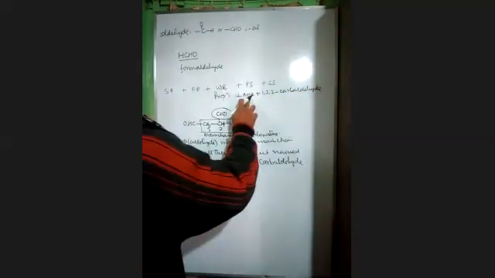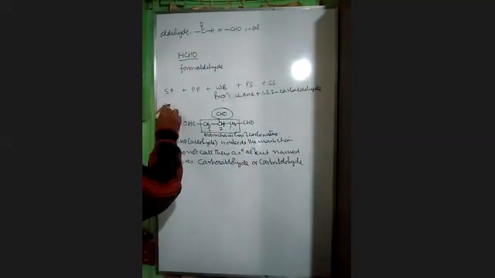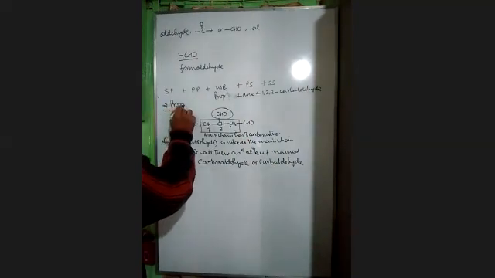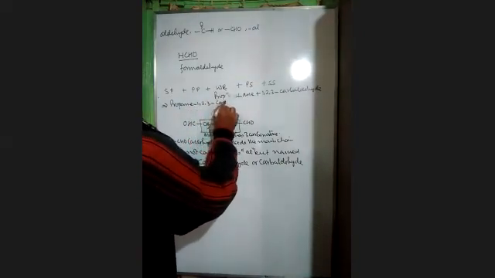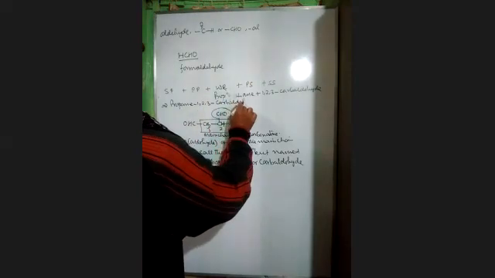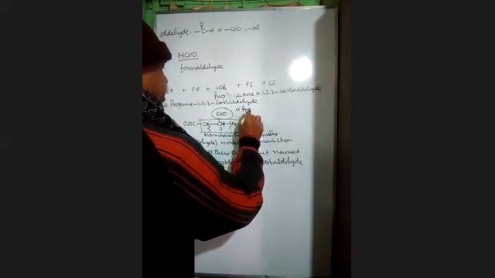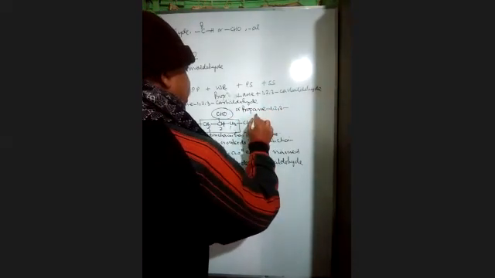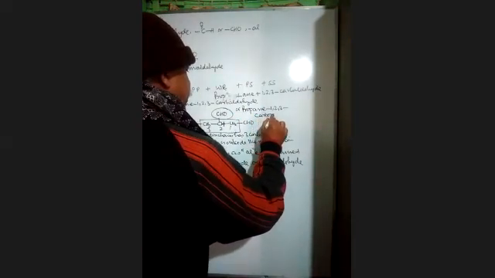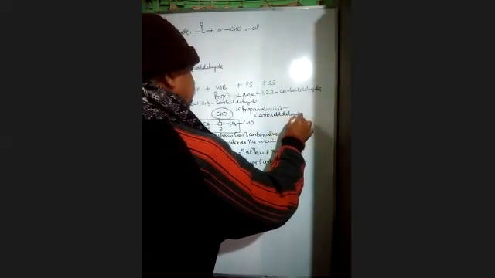This is not a vowel, so this will not be dropped. Okay? So the name is, please remember, propane-1,2,3-carbaldehyde. Or you have a liberty, you can say propane-1,2,3-carboxylaldehyde. Don't forget.